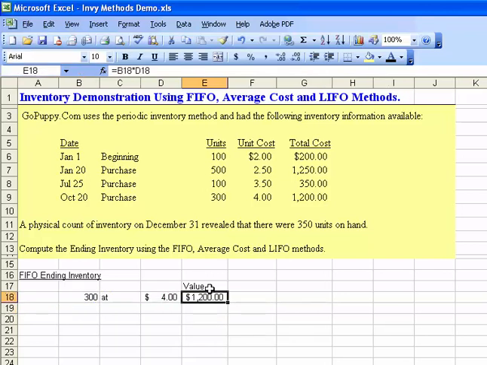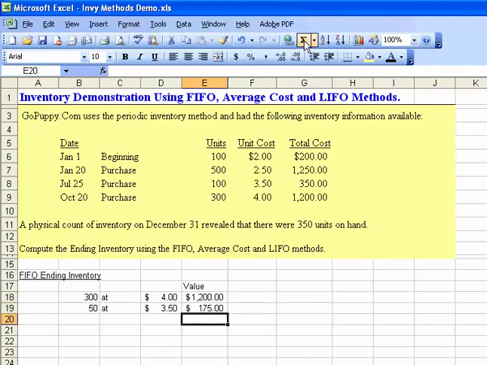The layer of the October 20th purchase is 300. We have 50 more units to go. I'll copy here and make the changes. Working backwards, we have the 25th to consider at $3.50. And so the value of that layer is 175.